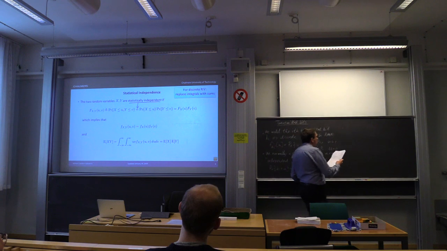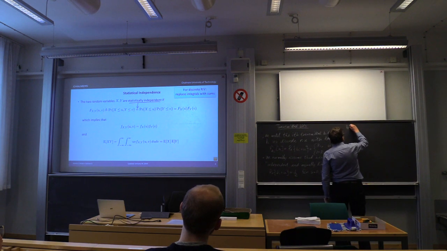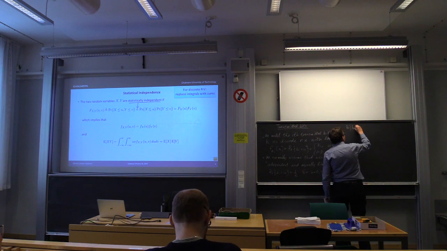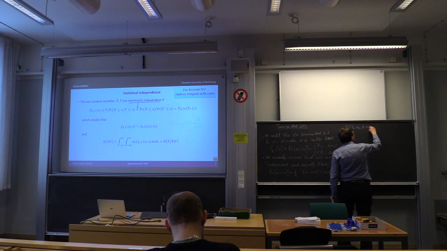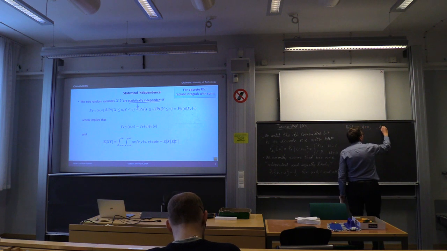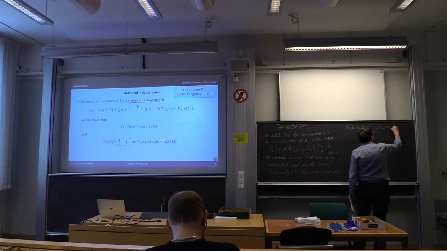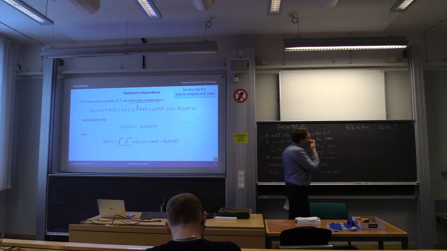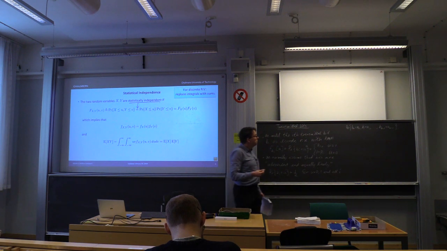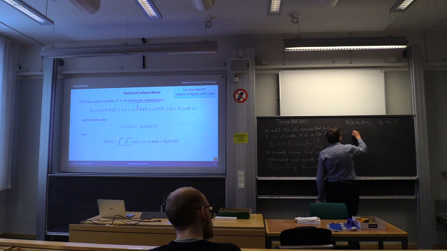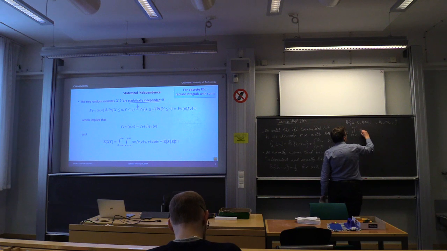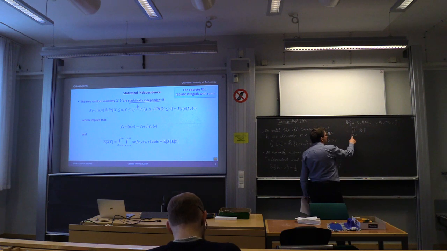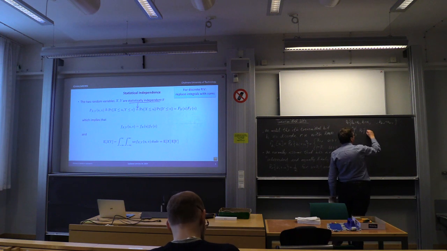And the independence comes into the following thing. If we think of B, what is the probability that B0 is equal to u0, B1 is equal to u1, etc., up to Bn minus 1 equals un minus 1? So what is the probability for this joint event? Well, if it's independence, then we can write this as a product of the individual probabilities. So it's a product from i equals 0 to n minus 1 of the probability that bi equals ui.